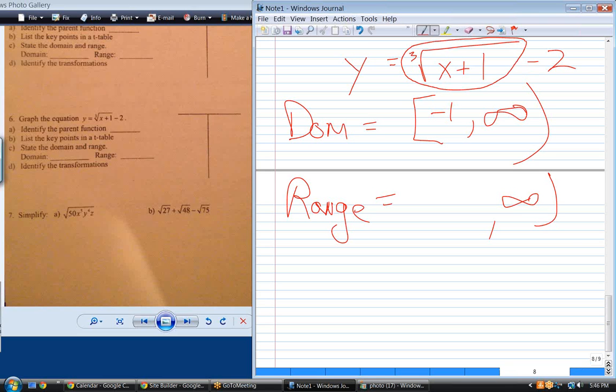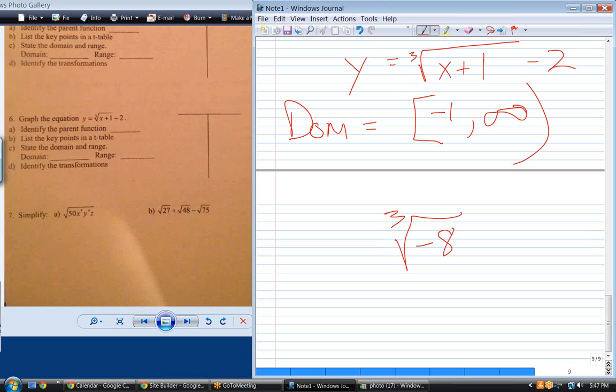Let's go back and look at this problem. Go back to the domain. I made a mistake. First of all, what's that equal to? -2. What's this equal to? +2.